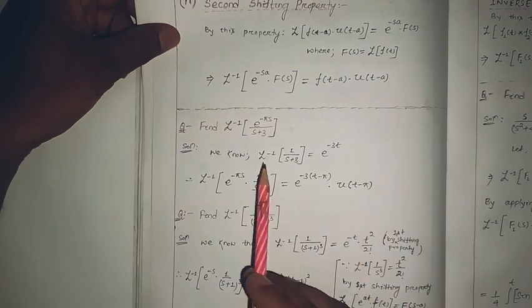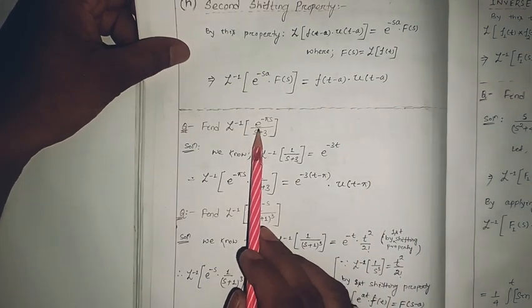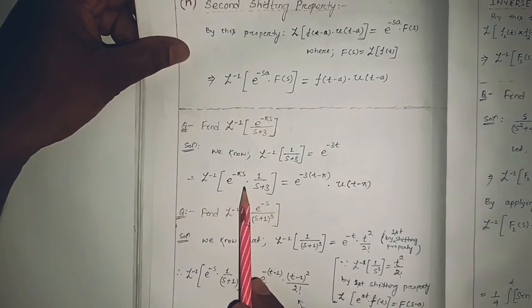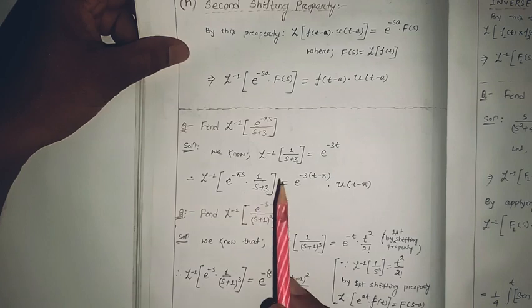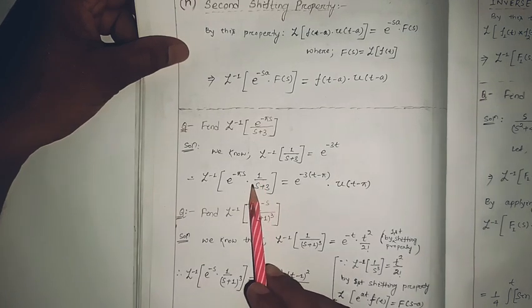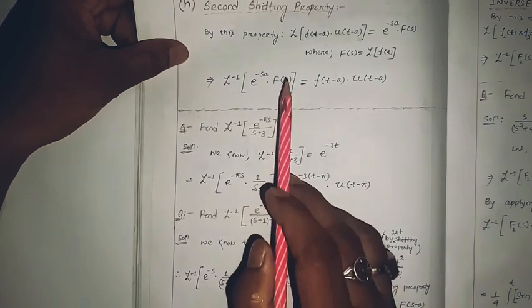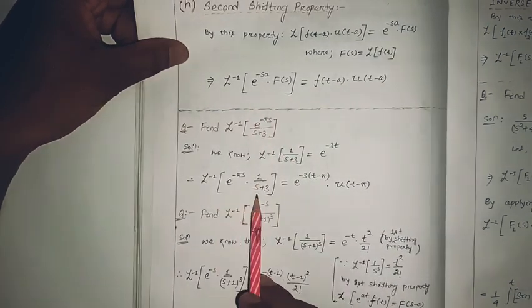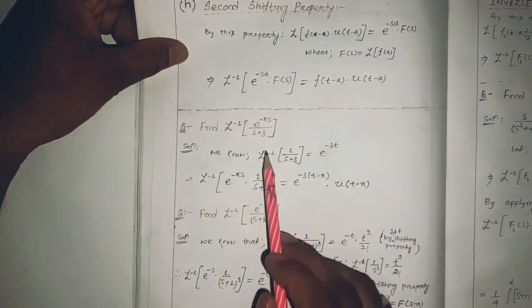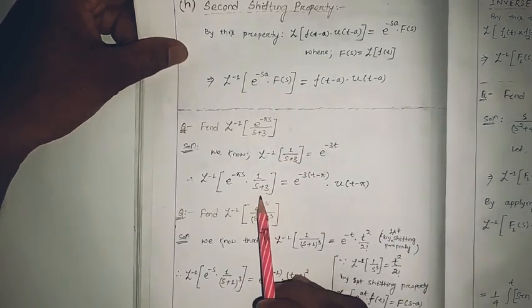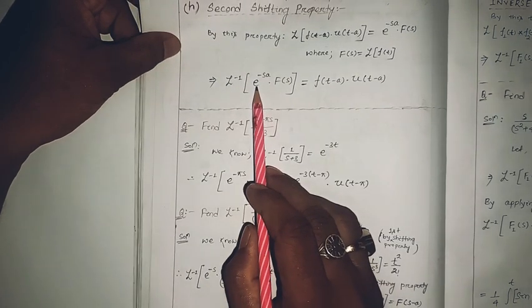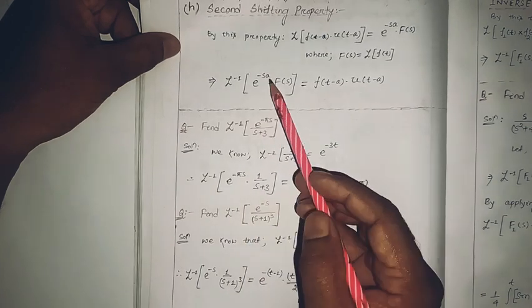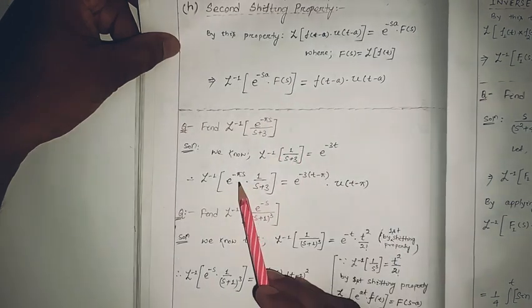Now the given question, e to the power minus pi s by s plus 3, can be written as e to the power minus pi s into 1 by s plus 3. Here 1 by s plus 3 is to be considered as capital F of s. Comparing e to the power minus sa with e to the power minus pi s, a equals pi.